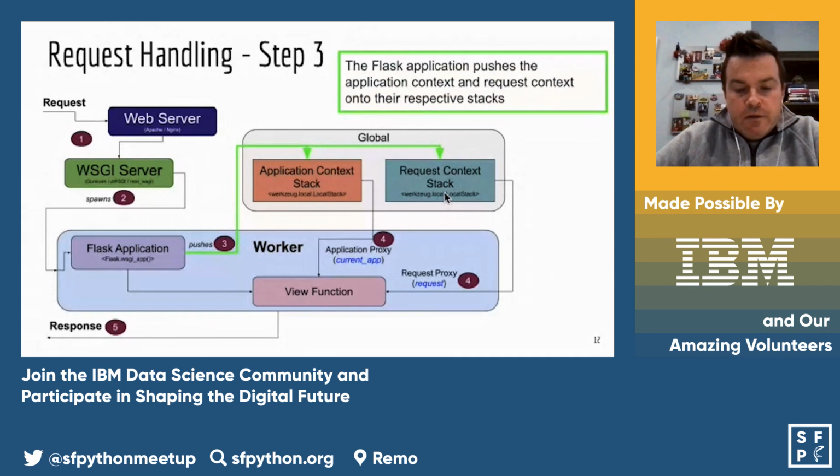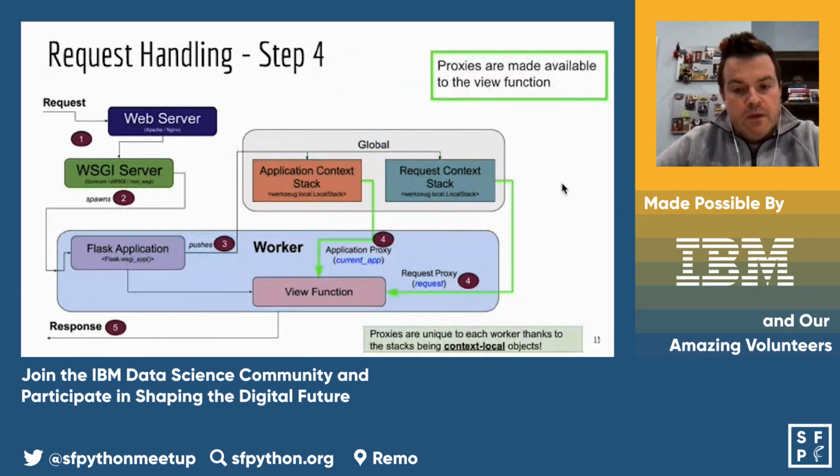Now, I think the one thing that may be surprising here is that these stacks are actually found in the global memory space. So they're not found as part of the worker. They're actually in the global memory space. And we'll take a look at why that's important in the next few charts. But this is one of the cool design features of Flask, in my opinion.